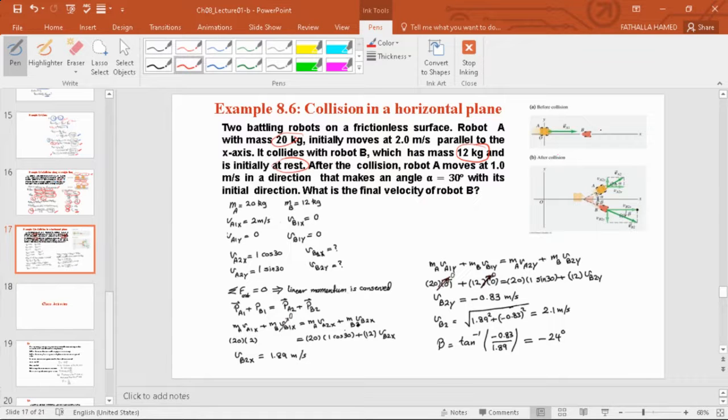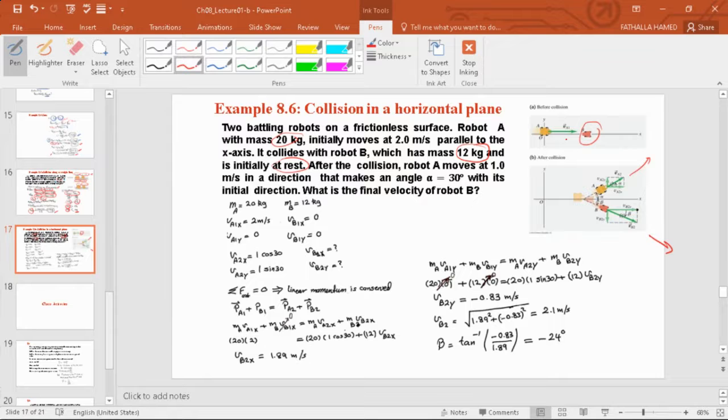Now, robot B here is stationary. A comes to it and hits, but after the collision, A moves this way, B moves that way. So you can look at it: it's one-dimensional before, but after it's two-dimensional.